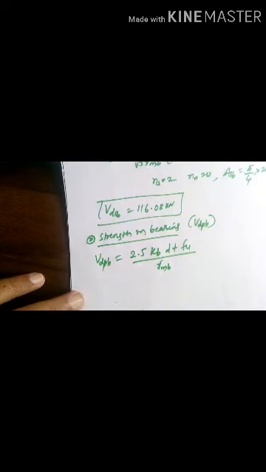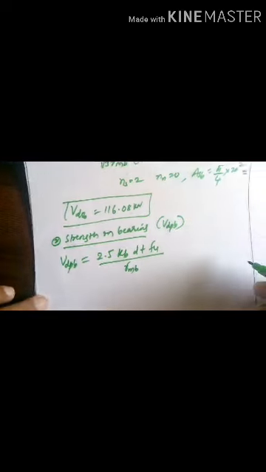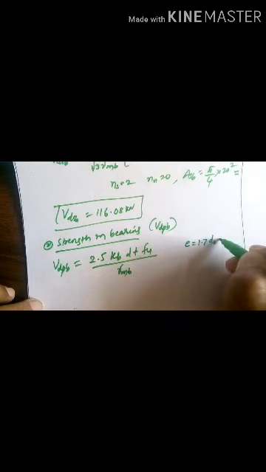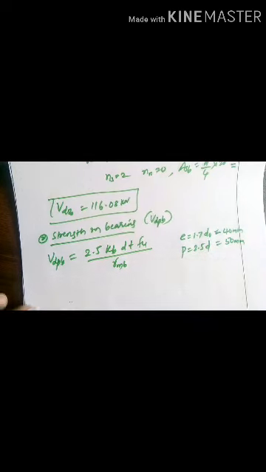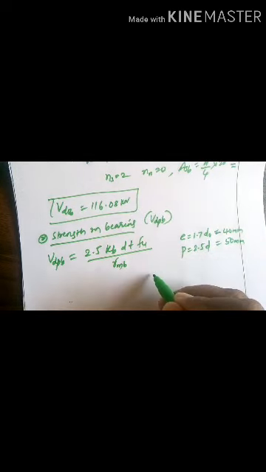Here you have to assume the minimum edge distance to be 1.7 times the diameter of hole, and pitch to be 2.5 times d. When you substitute, you will get approximately 40 mm for edge distance, and pitch approximately 50 mm. Then you calculate the kb value.